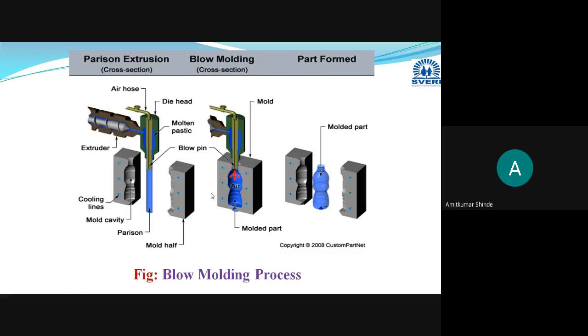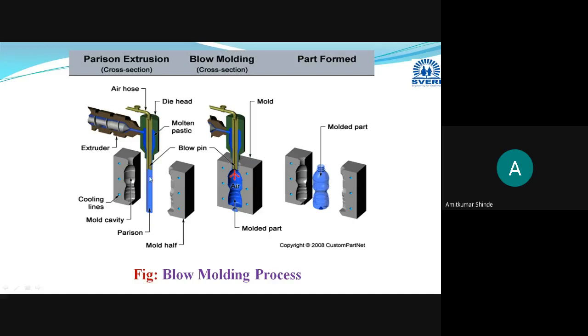Now I will explain this blow molding process practically. Here this is the blow molding process, and here we have manufactured a plastic bottle. This is the end product, the finished product or molded part or molded component. Now how is this process started?